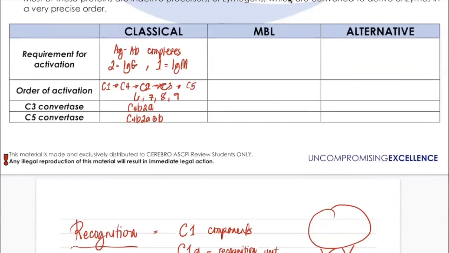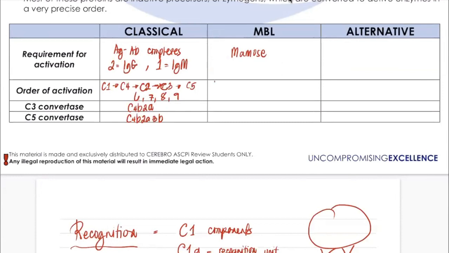Yeah. Basically, that is similar with the mannose binding lectin. It's just that the requirement for activation here is the presence of mannose. Mannose is a sugar that is usually present no, sa mga cell wall ng mga bacteria. Okay? Then, instead of having the C1 component, yung ating mannose binding lectin, meron silang mga MASP.